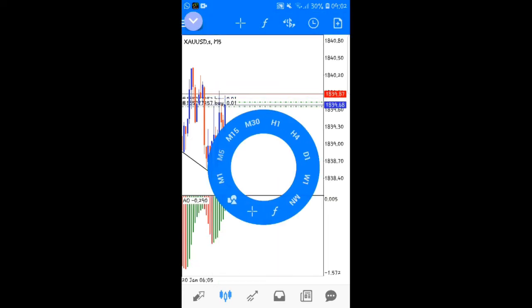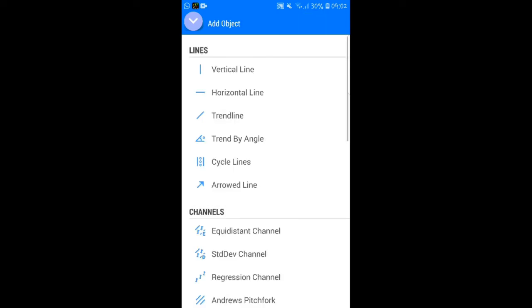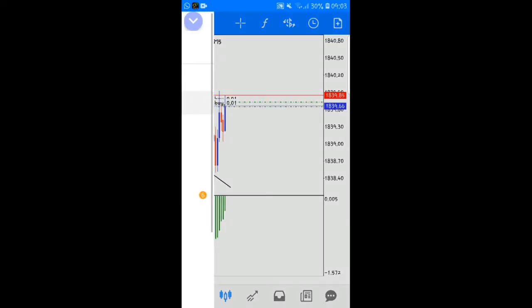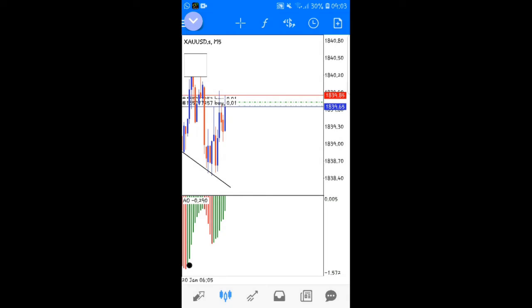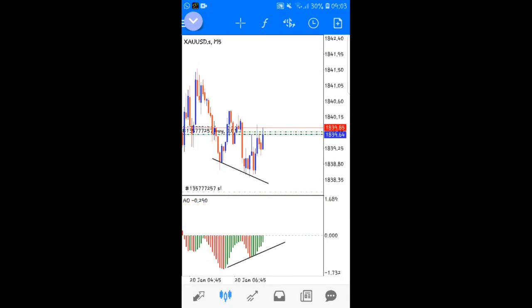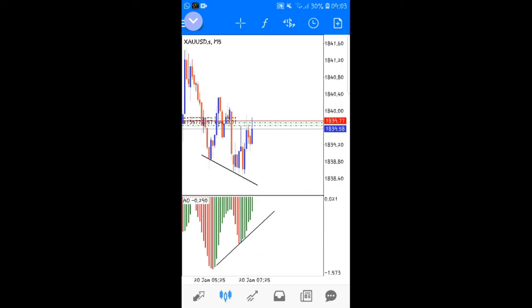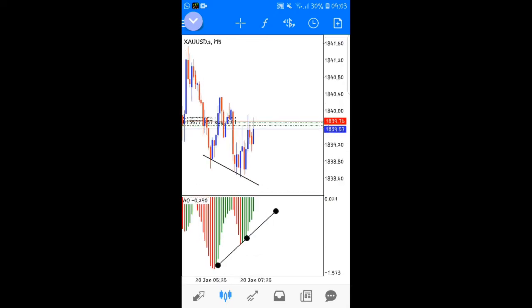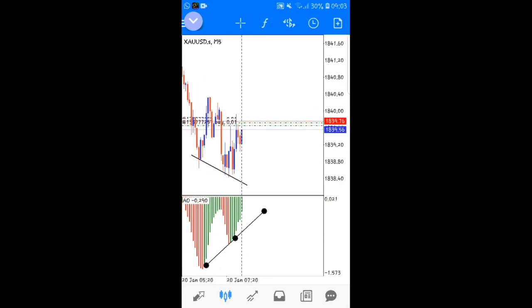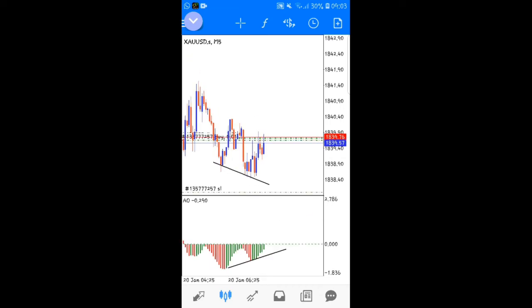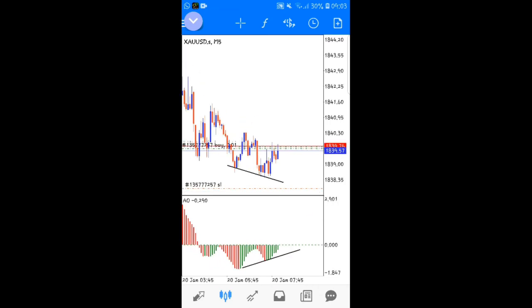Let me draw it nicely. So the awesome oscillator is moving from low to high like that. I believe you can be able to see that. Alright, beautiful. So this is actually divergence.